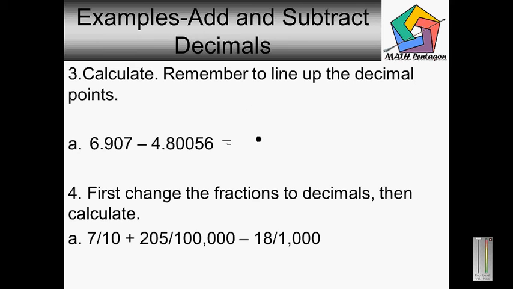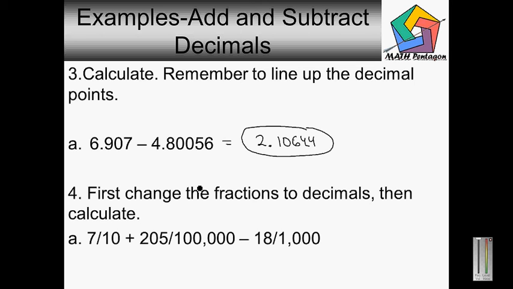So we end up with 2.10644. So this is the final answer to this equation right here.